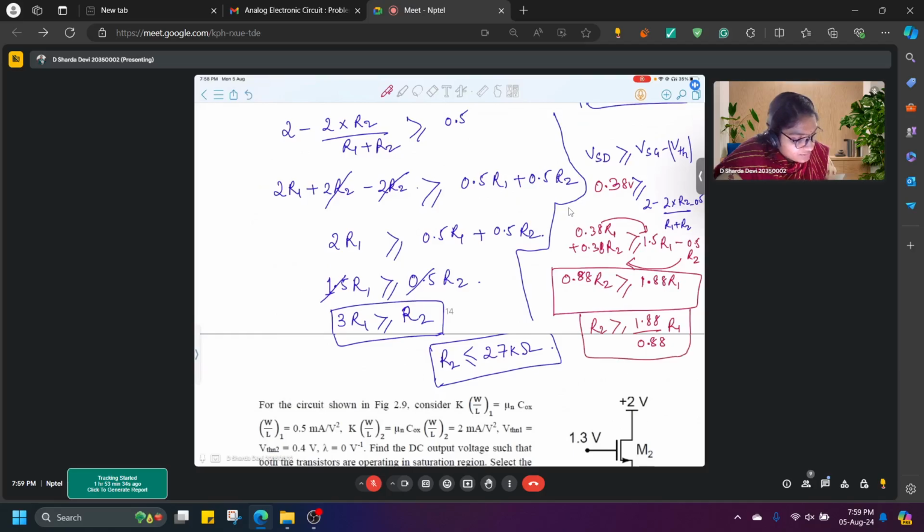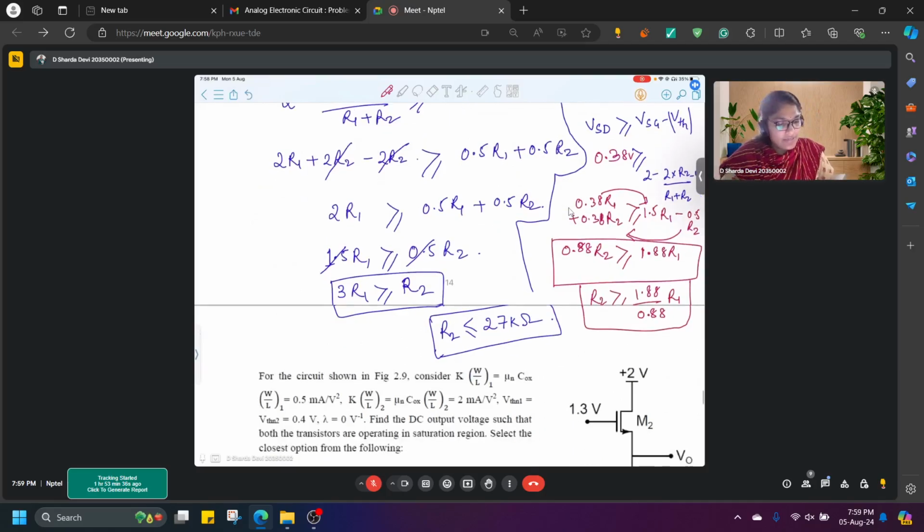So from here we have got two conditions, right? That is, R2 should be less than 27 kilo ohm, and also R2 should be greater than 1.88 by 0.88 R1, which is how much?